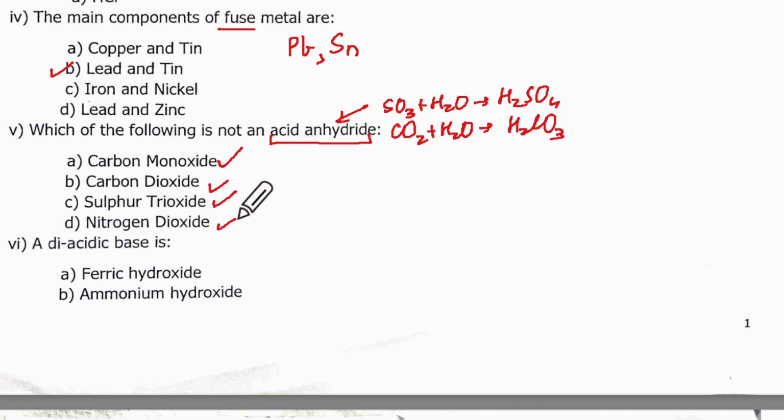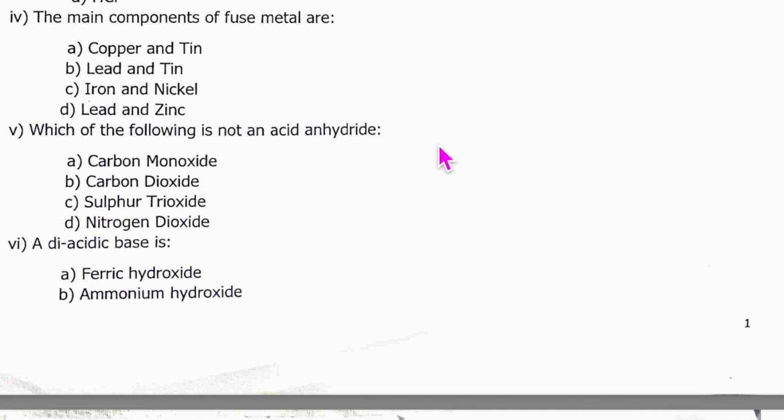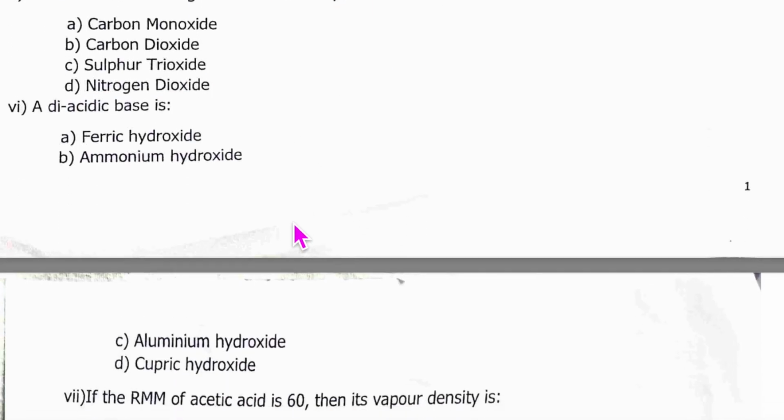This one also gives HNO3. Remember your 4NO2 plus 2H2O plus O2 gives 4HNO3. So this also is acid anhydride, acid without water. So the correct option is carbon monoxide because it does not give acid.